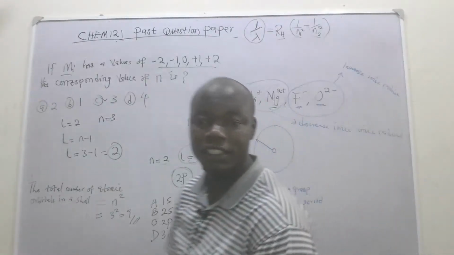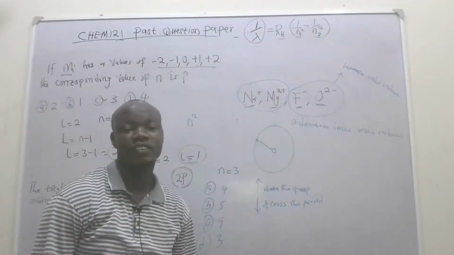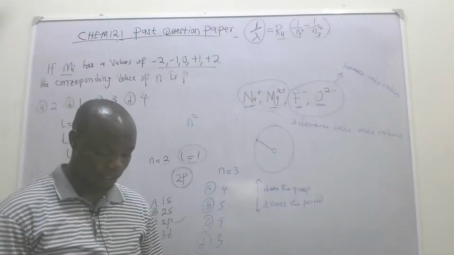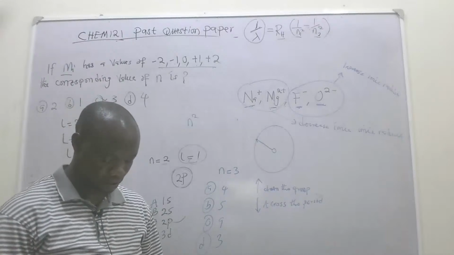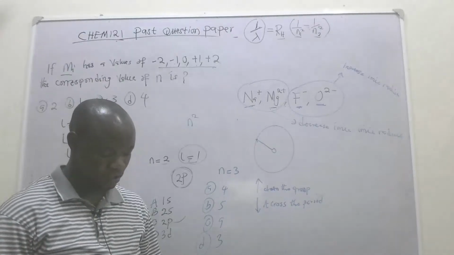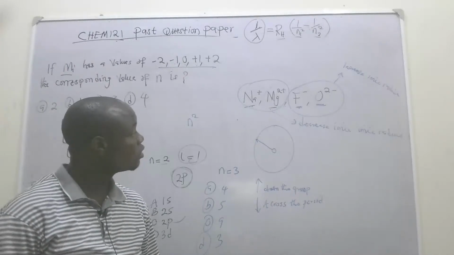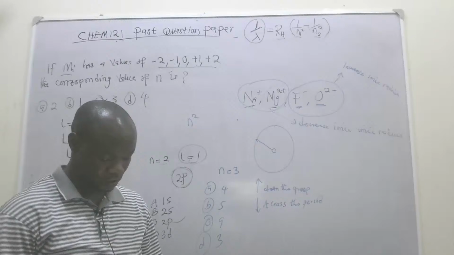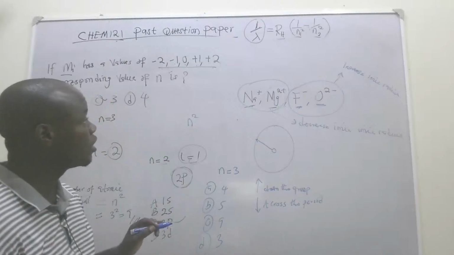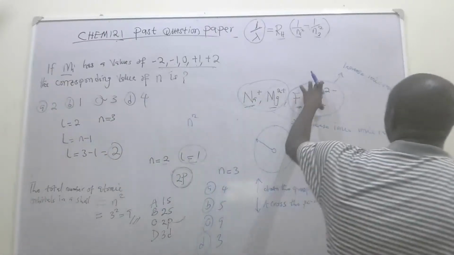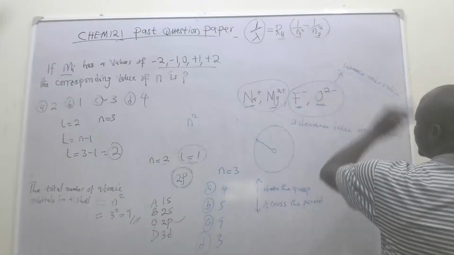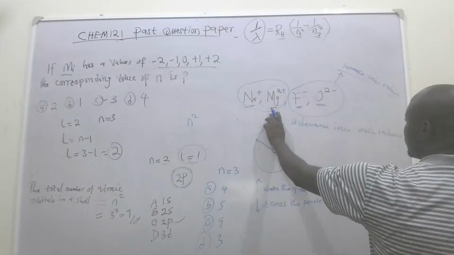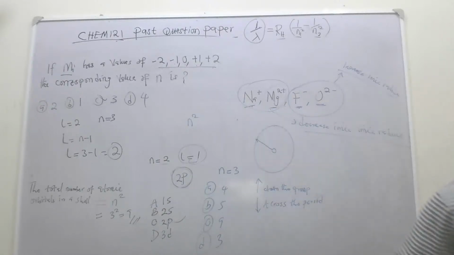I hope you now understand. Is that clear? So what would be the correct order? In the case of ionic radius, for the anions, the ionic radius increases, and for the cations, the ionic radius usually decreases.